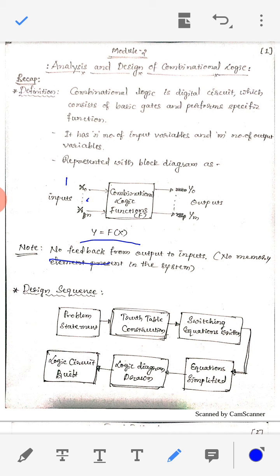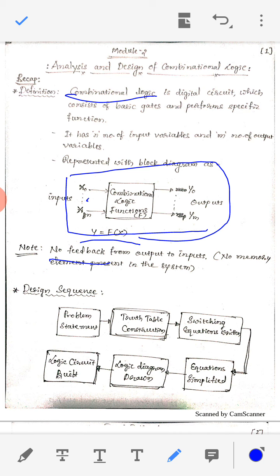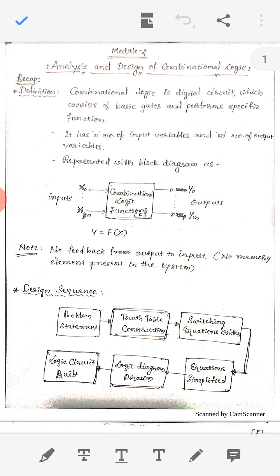A system like this, which has inputs and outputs and always depends on the present inputs, we call combinational. Whereas in a sequential system, the outputs are fed back to the inputs through memory elements. The outputs are stored in the memory elements so that they are again given as inputs.